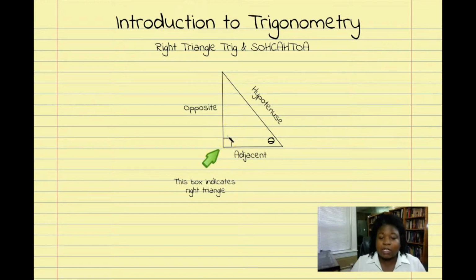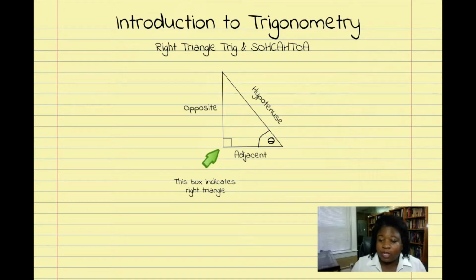This box indicates that you have a right triangle, and this box is located where the 90-degree angle is. Then you have your other two acute angles, one of which may or may not have any sort of indicators in it, and the other one here, which we're calling theta.